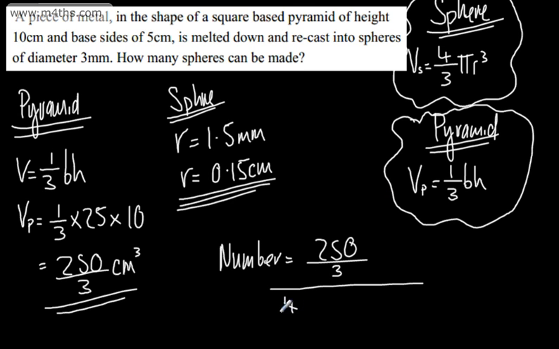So what we'll have is 4/3 times by pi, which is just a number, times by the radius cubed, and that is going to be 0.15, and we need to cube this answer. So all I'm saying here is I've worked out the volume of the pyramid, and I'm working out how many spheres with a radius of 0.15 centimeters I can fit into here.